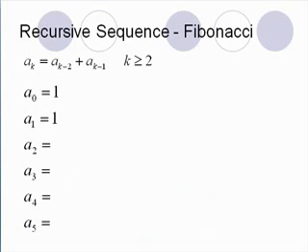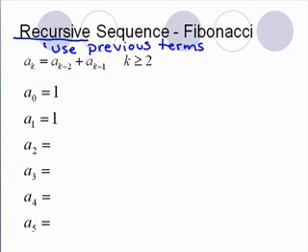Okay, we're going to look at a special kind of sequence now. This is called a recursive sequence. What recursive means is that we use the previous terms to calculate new ones.